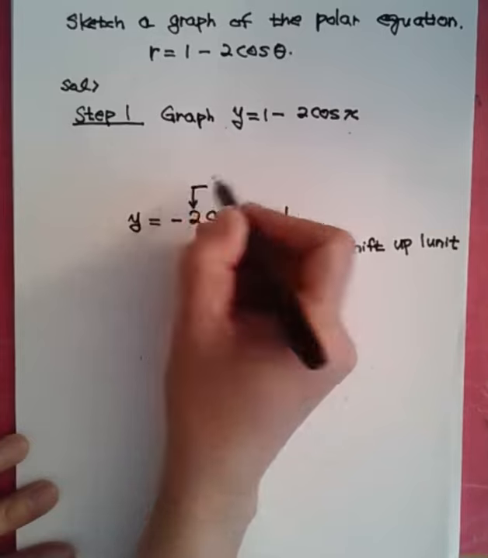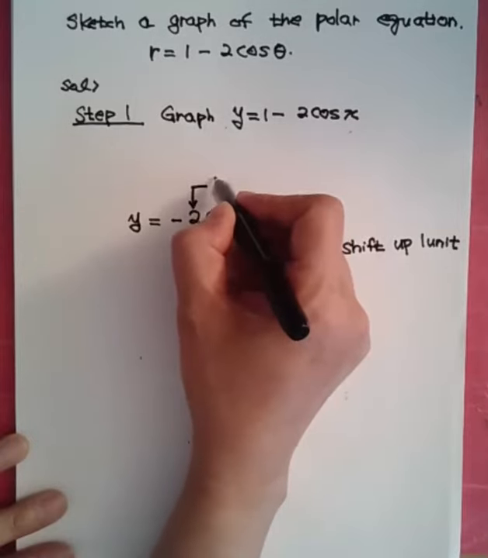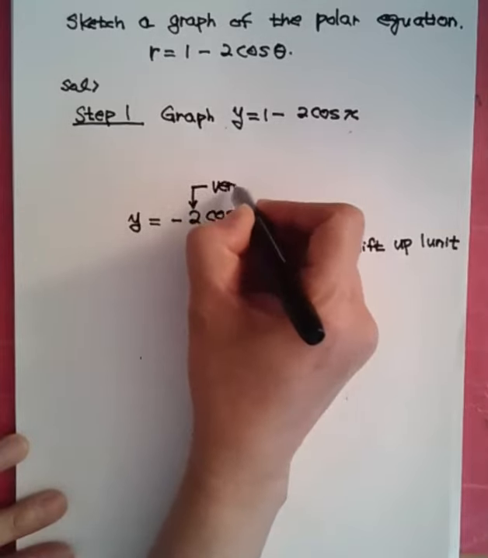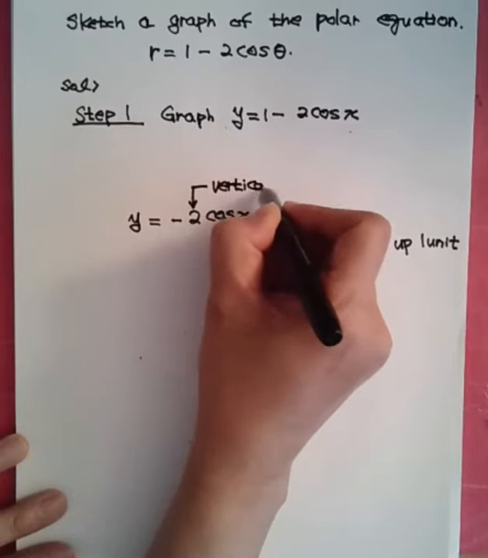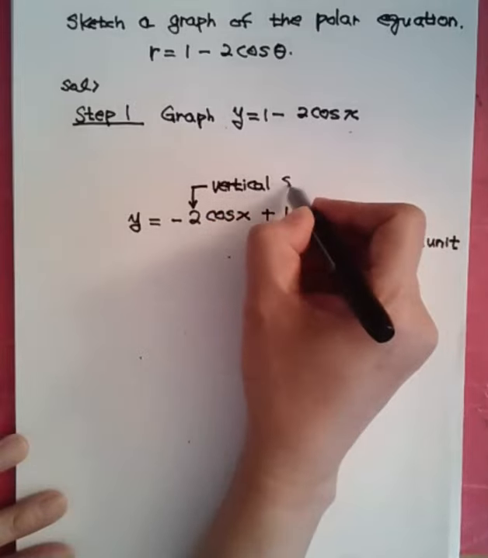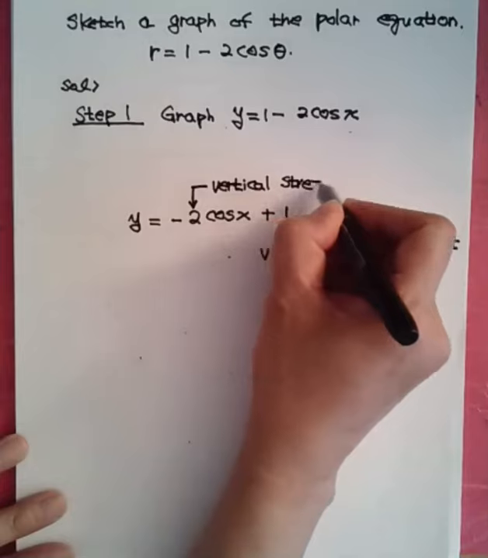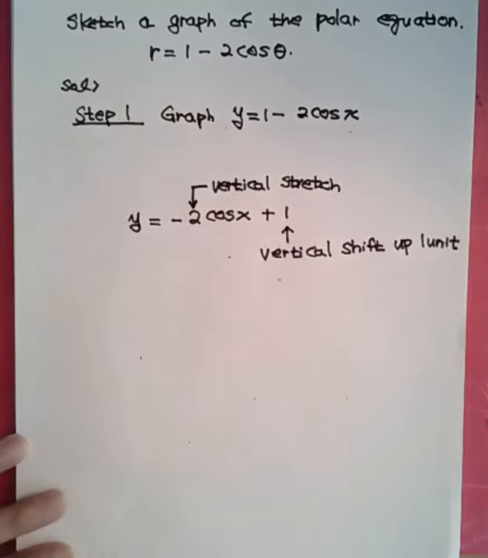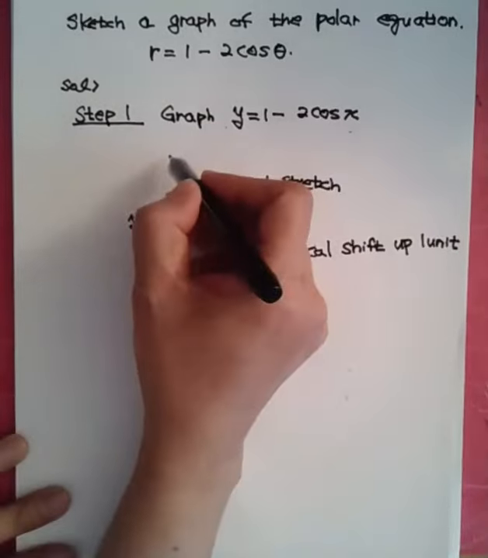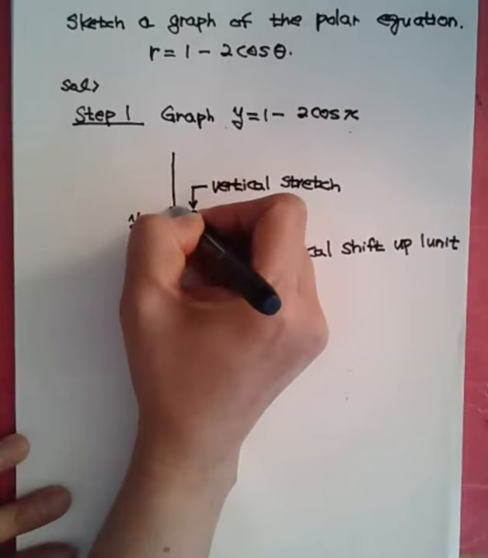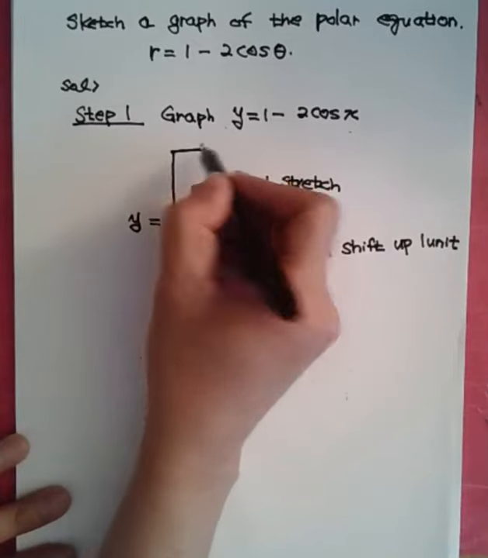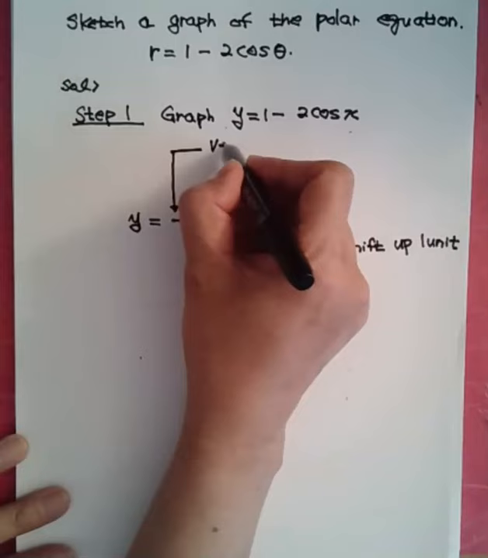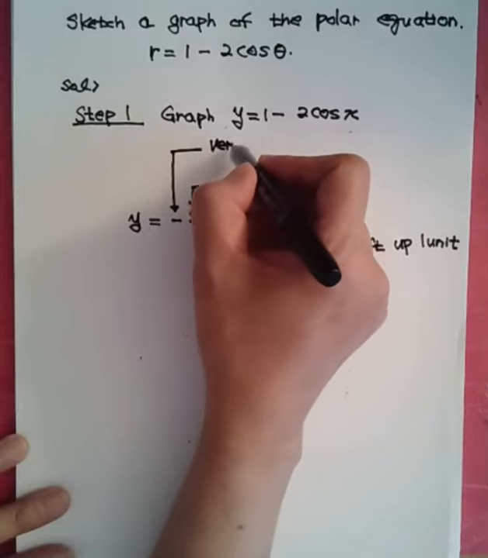This 2 indicates the vertical stretch. And this negative sign indicates there is a vertical reflection.